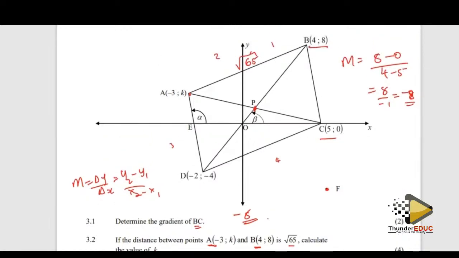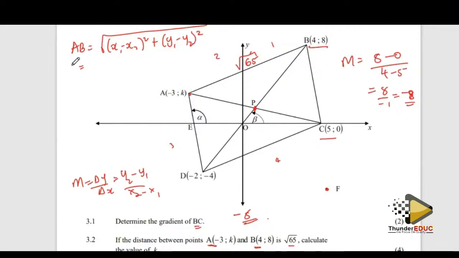We know that AB squared is (x1 minus x2) squared plus (y1 minus y2) squared, or x minus x1, whichever format you use, guys.